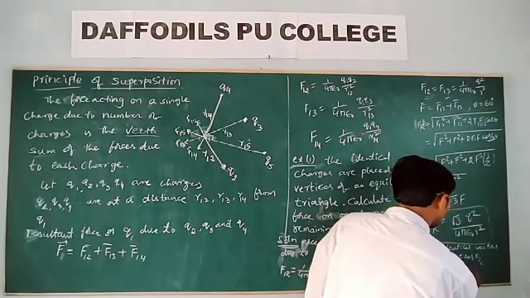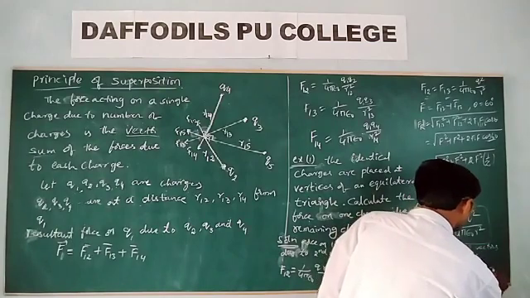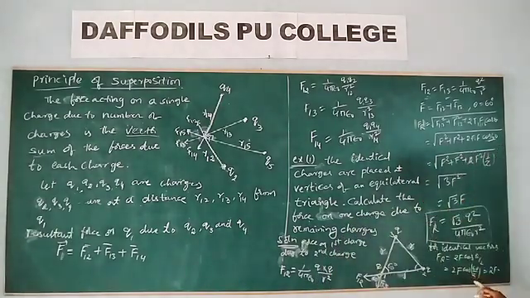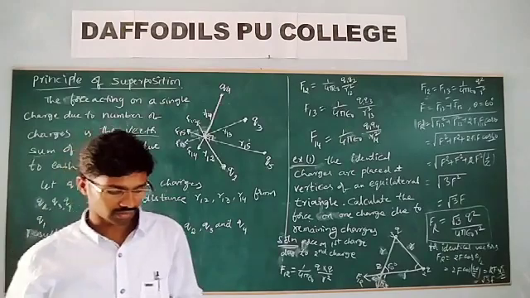That is equal to 2F into cos 60 by 2, then 2F into cos 30. What do you get? Root 3 by 2. So that is equal to root 3 F, the 2s cancel. So this is the first example for this.